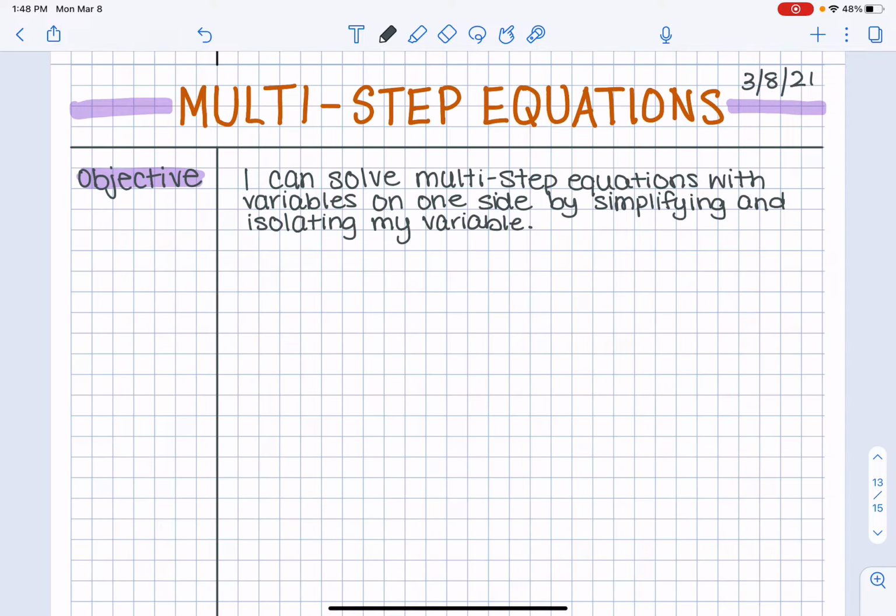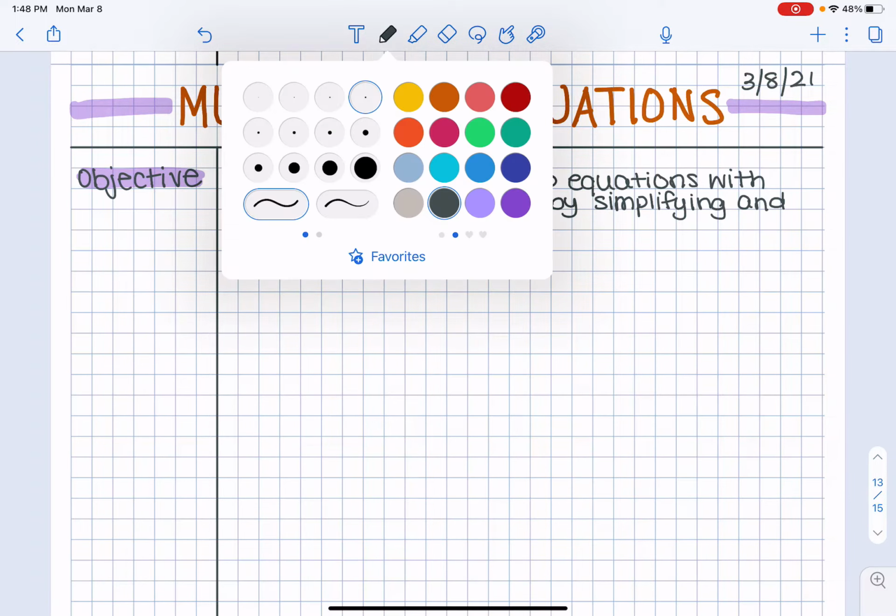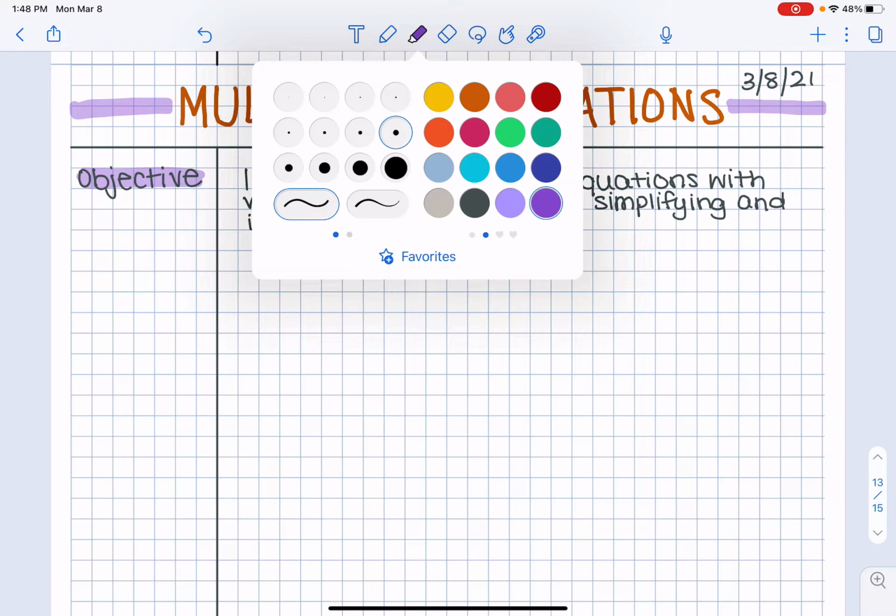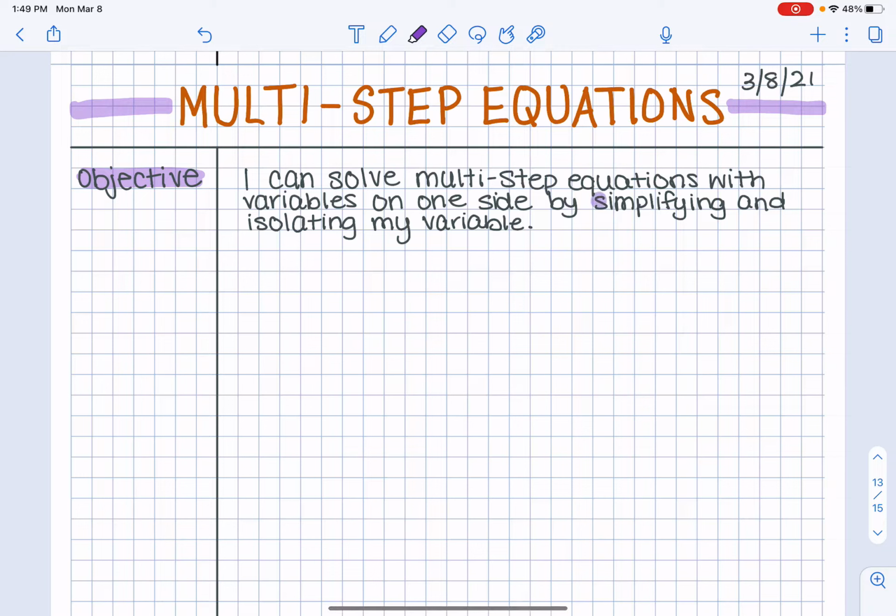Okay, I can solve multi-step equations with variables on one side by simplifying and isolating my variables. And that simplifying and isolating piece is really important. Those are the really important pieces that we need to focus on.